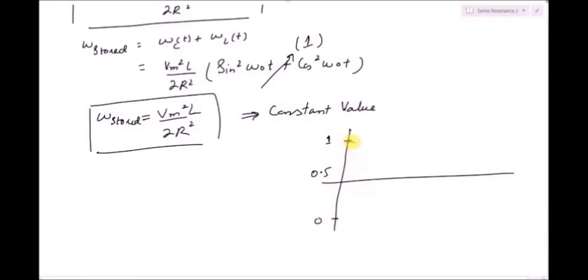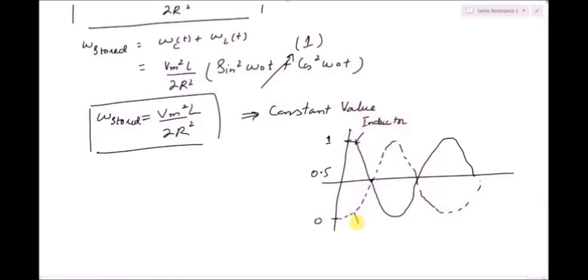The energy in one of the energy storing elements is like this, and the other energy storing element is like this. For example, if I assume that this is the energy stored in the inductor and this is the energy stored in the capacitor, these are the changes with time, right? So at any instant the total energy will be a constant value.